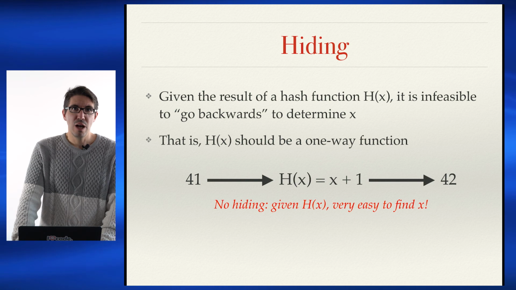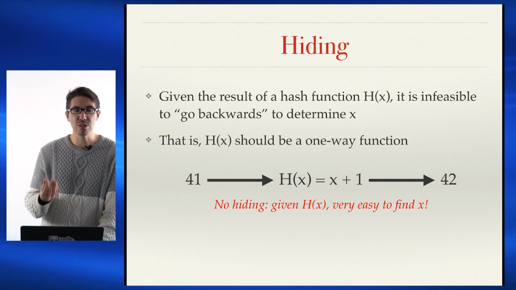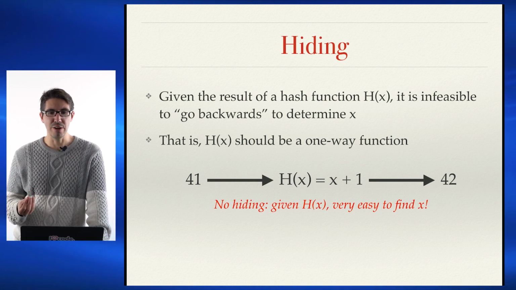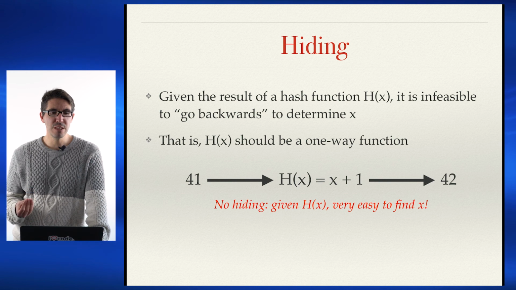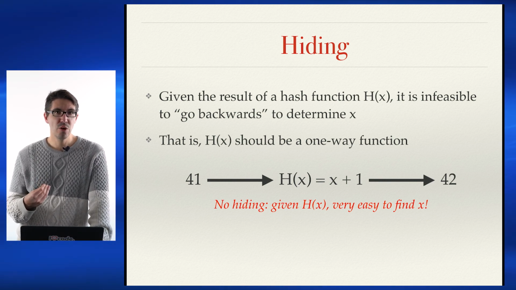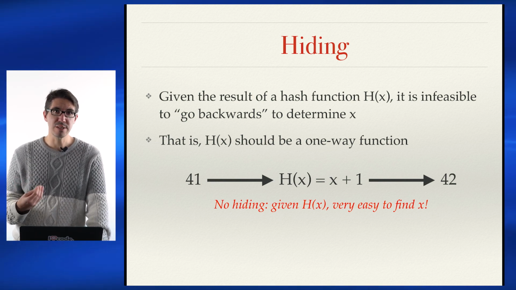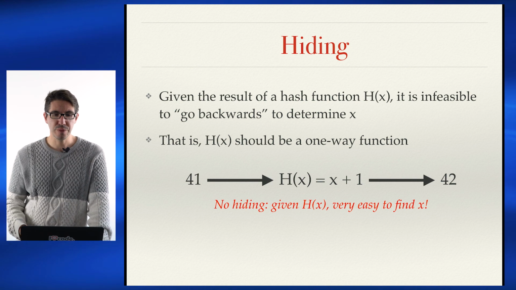Another aspect of a good cryptographic hash function is that it's hiding. That is, if I give you the result of a hash function, the hash value h of x, it's infeasible for you to go backwards to determine what x is. In other words, h of x should be a one-way function, which we discussed briefly in the previous lecture.